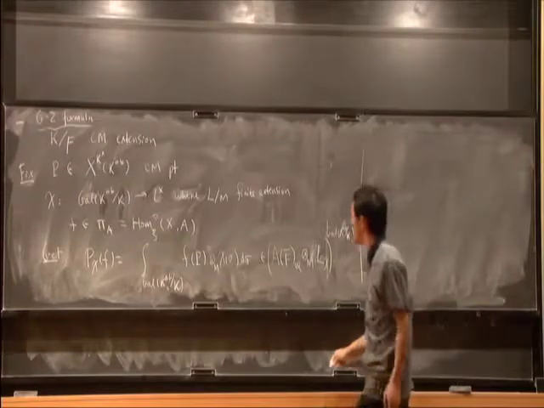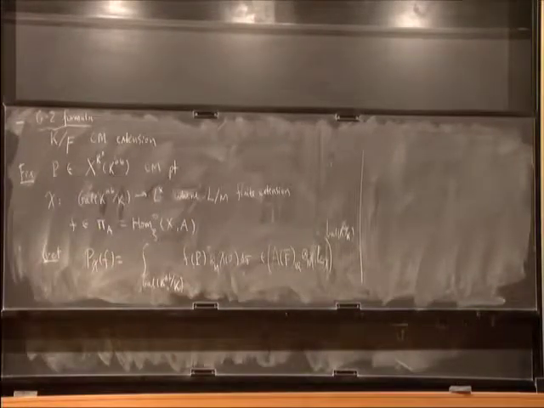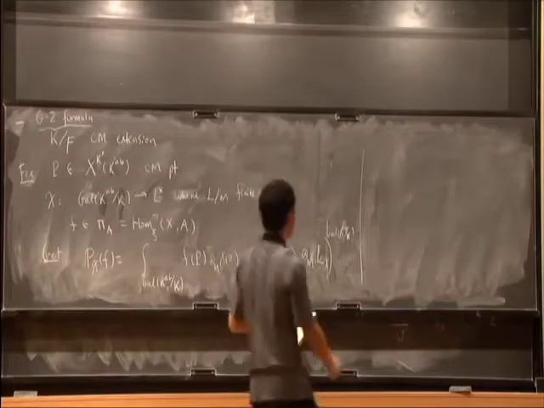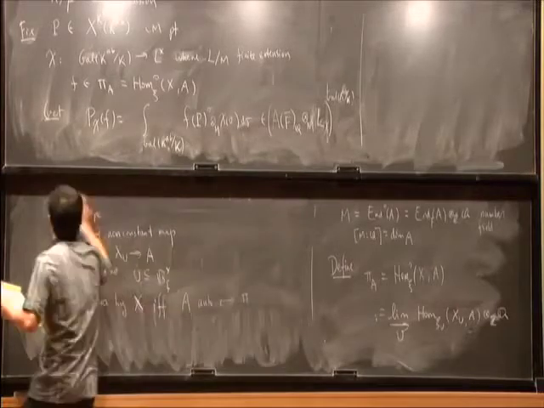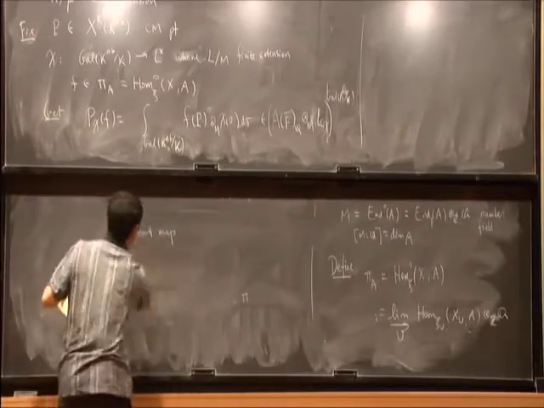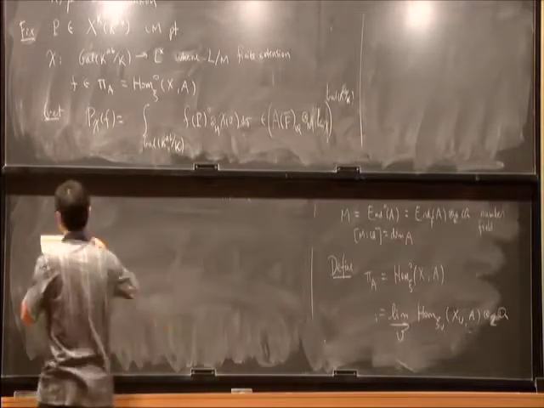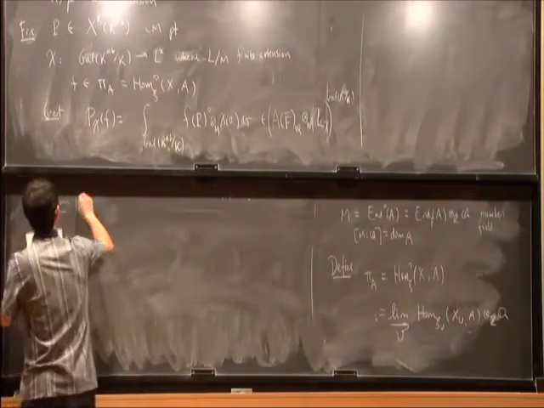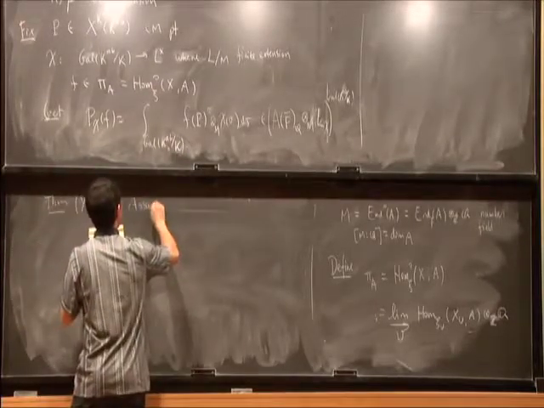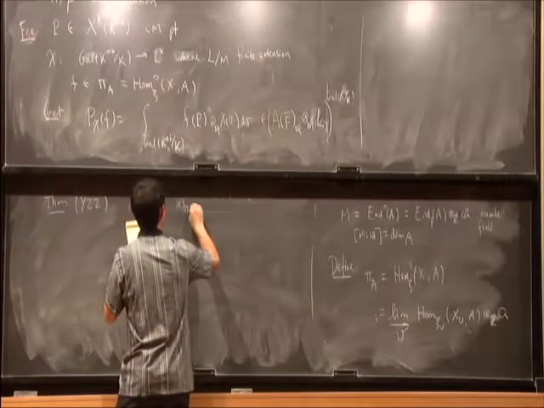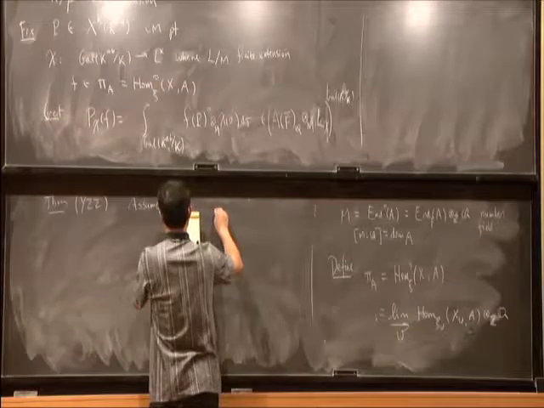Then we have the formula. Finally, we come to the formula. Assume the central character agrees with chi.